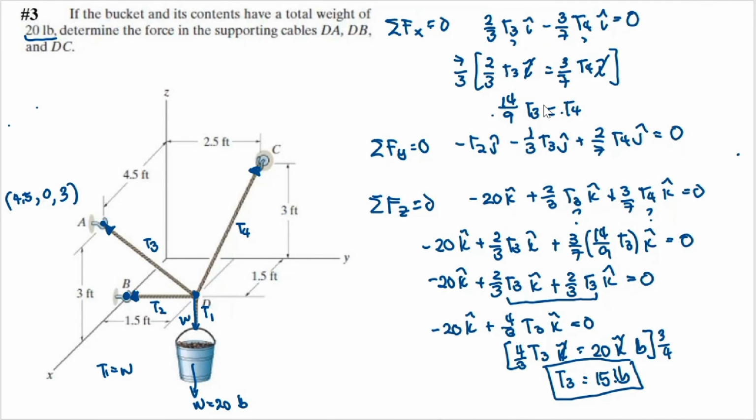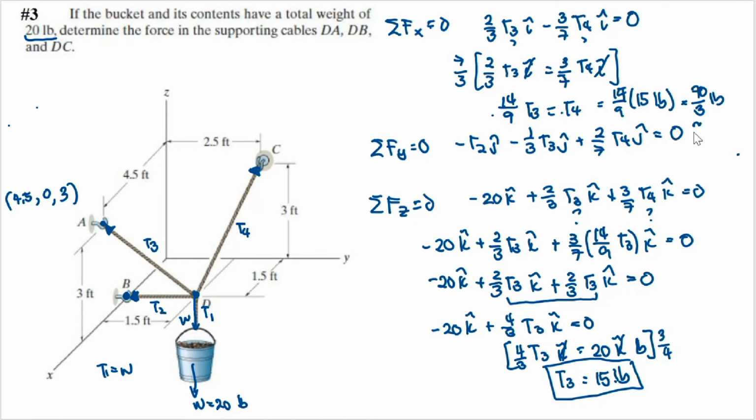How about T4? Since alam na natin si T3, I can now solve T4: 15 pound times 14 over 9. What will be the answer? 70/3, ma'am. 70 over 3 pound.